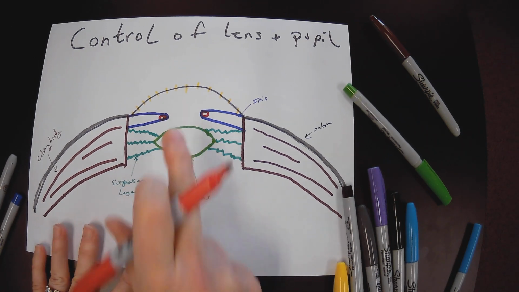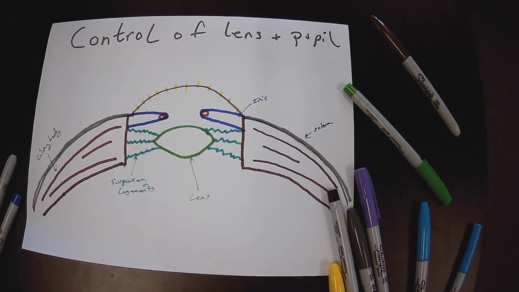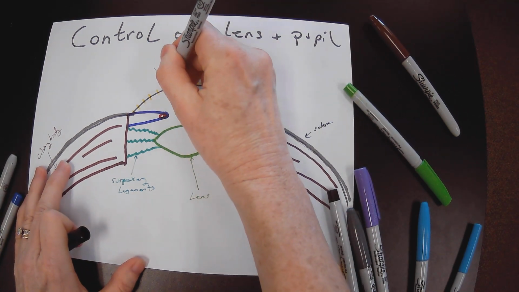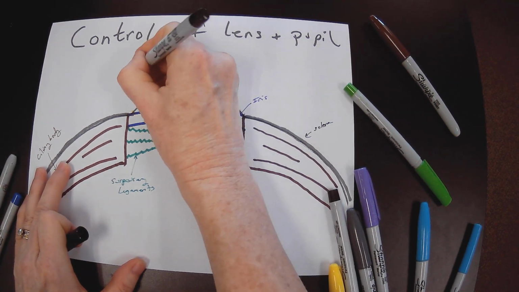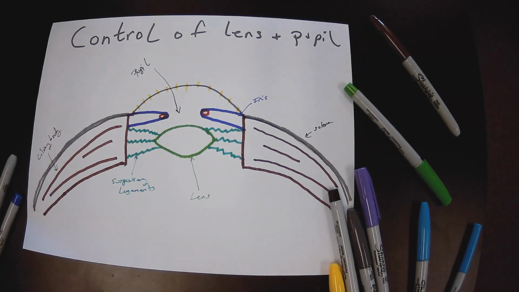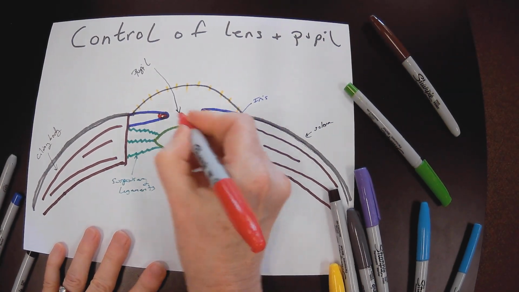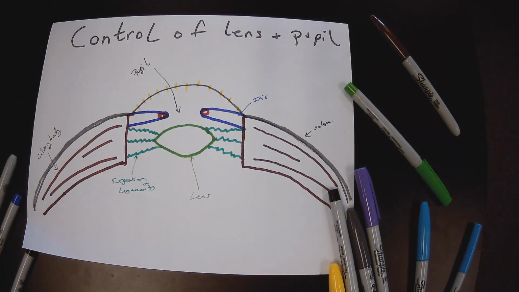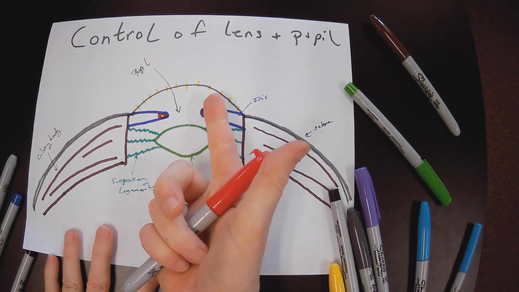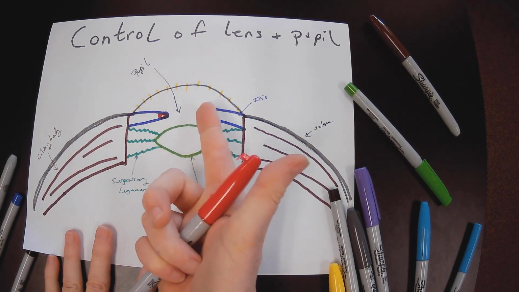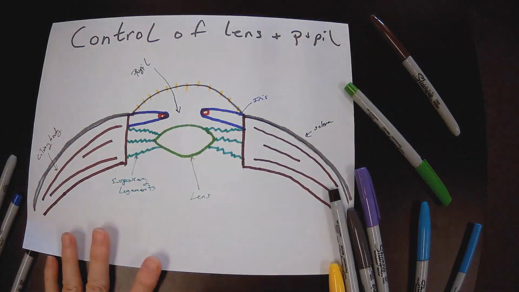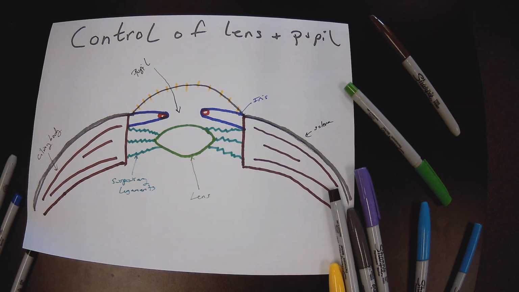That's your pupil. Write that down. So the space right here where light can come in is going to be your pupil. And on the very tip of your iris, you have a special kind of muscle. It actually goes all the way around the iris on the inside. It just surrounds your pupil.